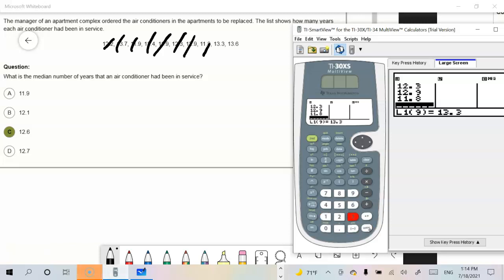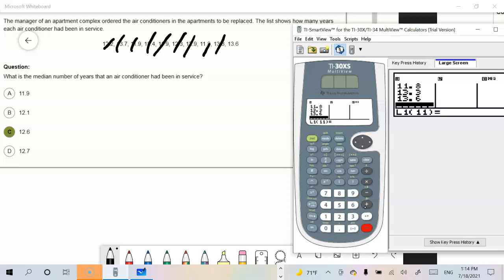13.3. Enter, and we are going to put the 10th number. So you see, the calculator shows you that you're about to put the 10th number, and you have 10 numbers here, so you know that you have put the right amount of numbers. 13.6, and then press enter.